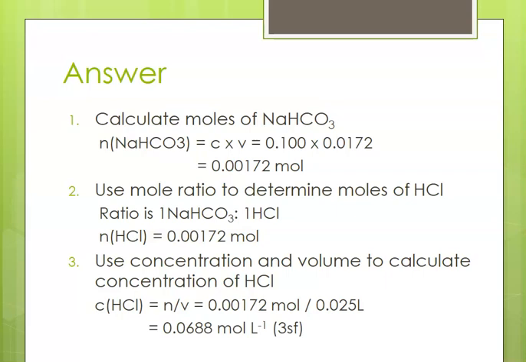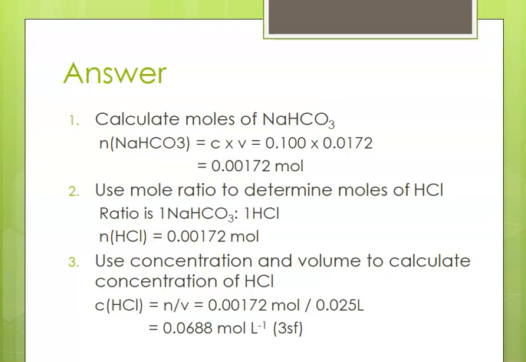If you work out a concentration that is absolutely identical to the concentration of the first thing you had, you've probably made a mistake. Maybe not. Maybe if all your volumes are absolutely identical and it's a 1-to-1 titration, then that might be okay. But if it's not, you're probably wrong.